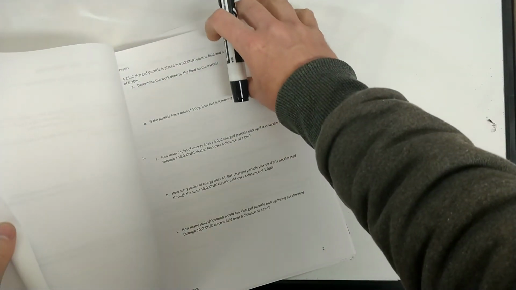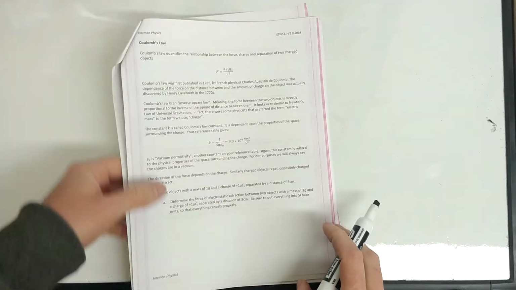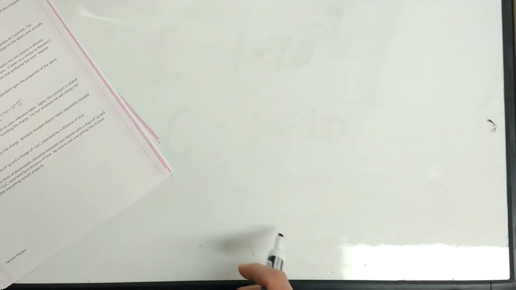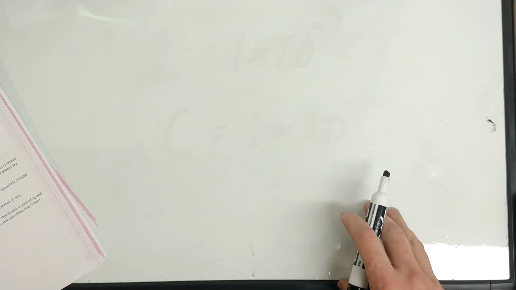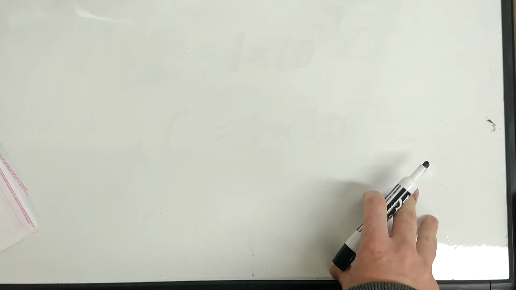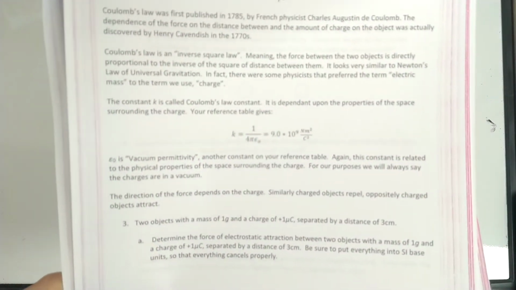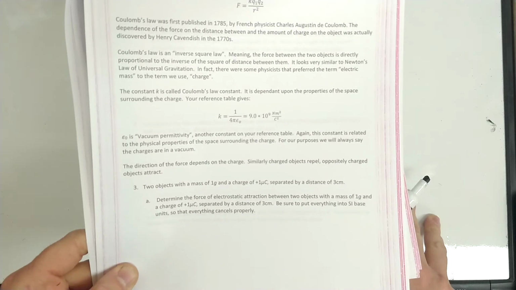Usually at this time of the year I'm trying to move through the material quickly, so I want to make sure you have some notes to reference right on the packets. You can ignore that 1/4 pi epsilon naught stuff. That is important later on in your physics life, but not for now.